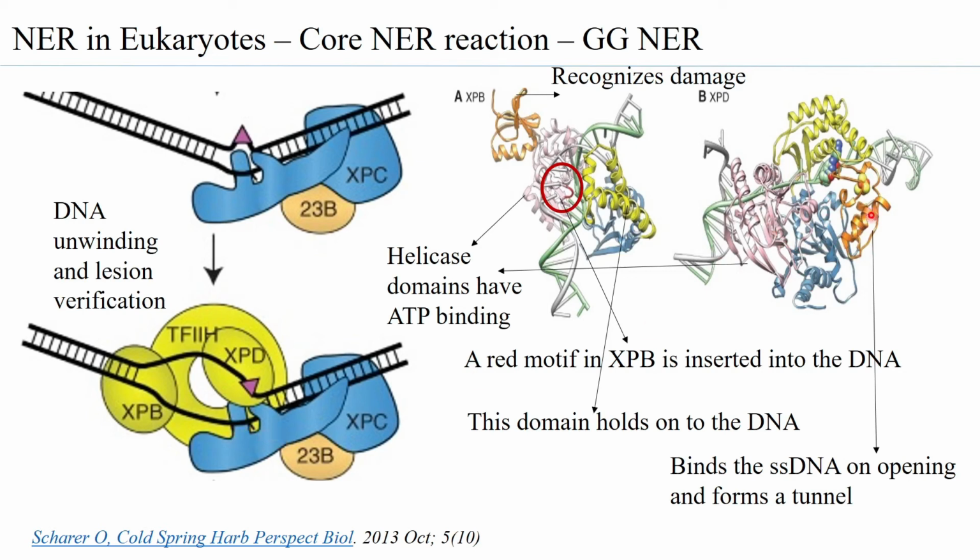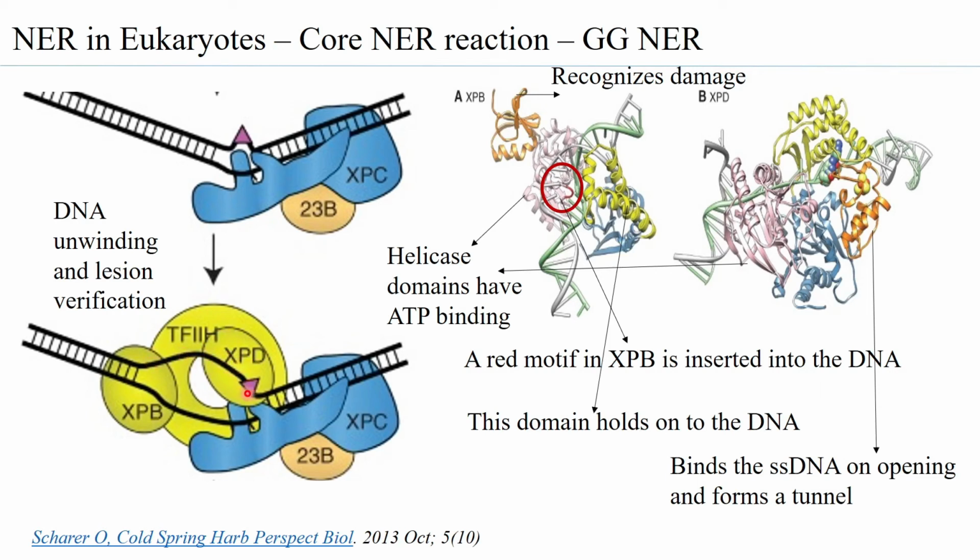So when the XPD opens up, or rather the two together open up the DNA, it forms a small tunnel through which the single strand that is formed is able to go in. So the XPD has a tunnel formed through which the single strand can move.